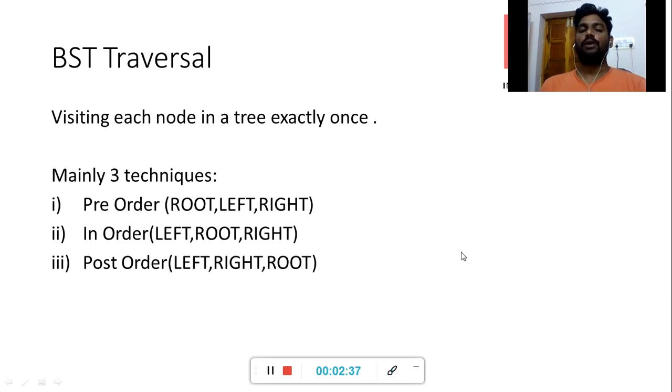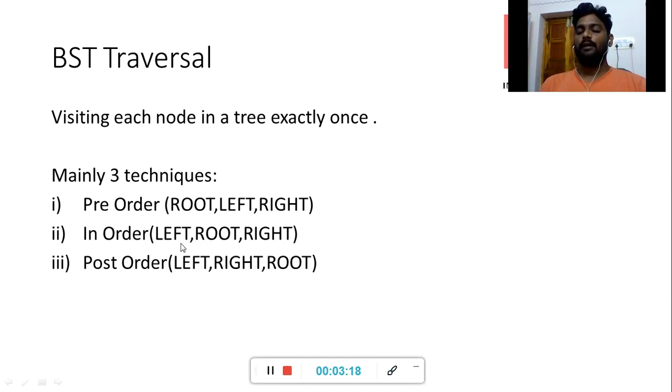Finally, post-order traversal: first visit the left subtree of the root node, then the right subtree, and finally visit the root node. In short, pre-order is root, left, right; in-order is left, root, right; post-order is left, right, root. These are the three techniques used to traverse a tree.